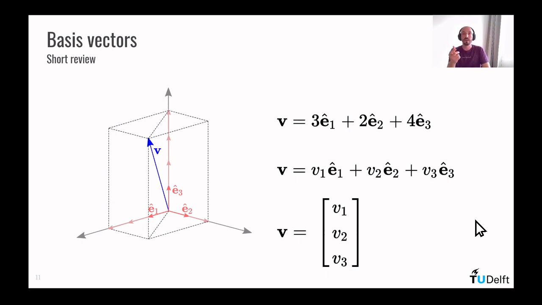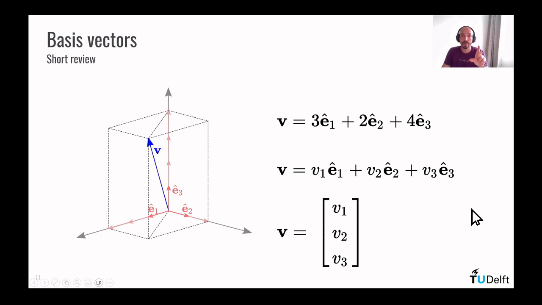The vector v, as I told you before, lives independently of anything. The only thing that changes is the way we represent this vector. We can rotate those basis vectors, e hat 1, e hat 2, e hat 3, and then these numbers 3, 2, and 4 would change, but the vector would be the same.